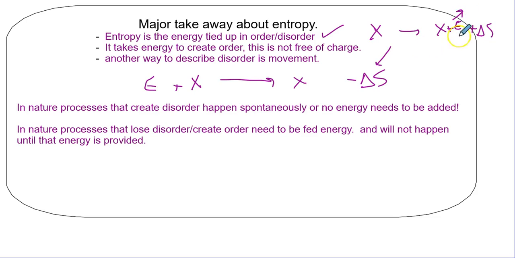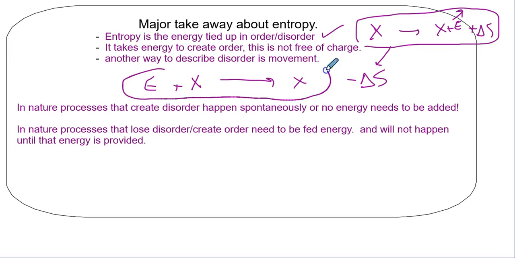That unravels. So think of it like your bedroom. Your bedroom gets dirty all by itself. That's this process. You don't have to add energy. It just happens. And to clean your room requires energy and will not happen unless you put energy in. You put energy in and then it unravels again. You put energy back into it and it unravels again. That's life. In nature, processes that create disorder happen spontaneously, which means you don't have to add any energy to get it to run.